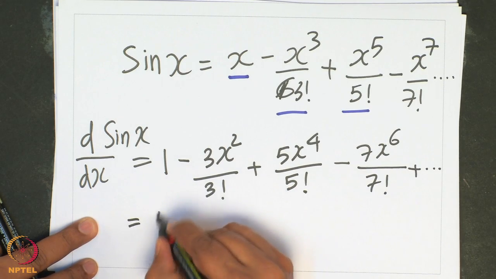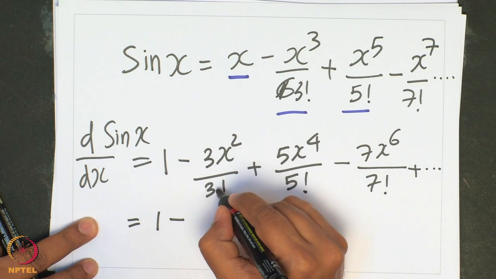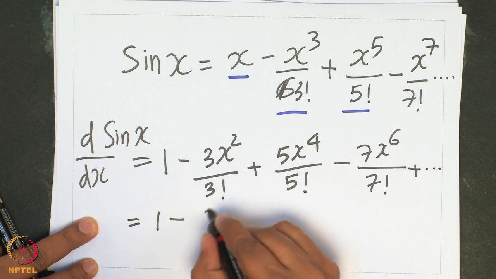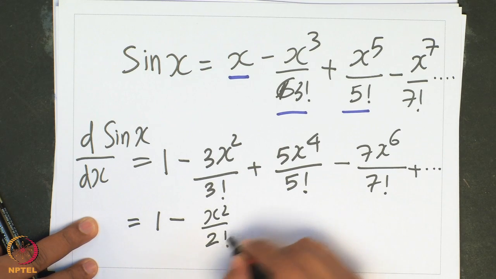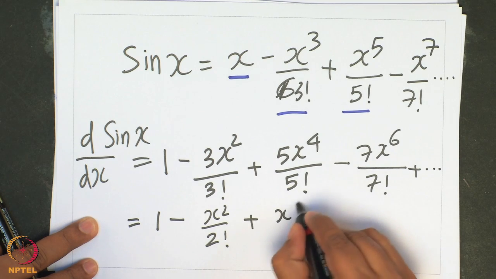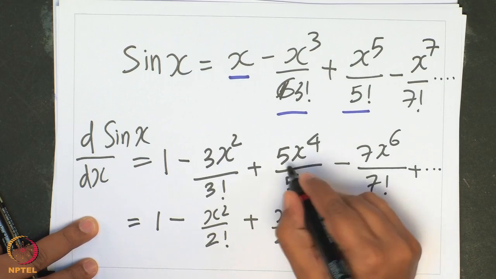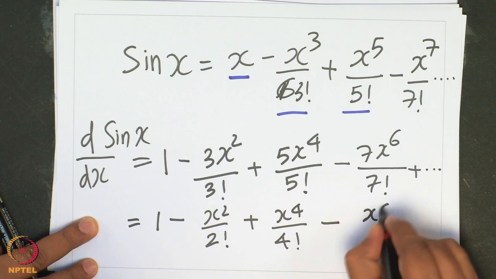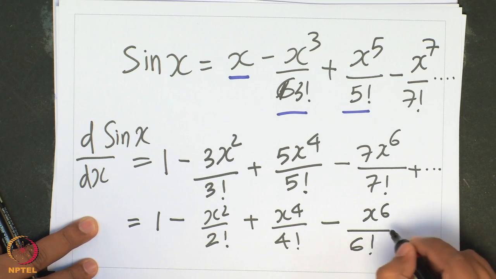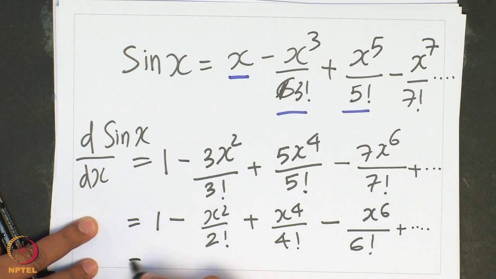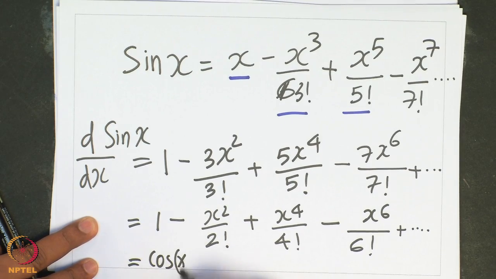Now, this is 1, minus 3 divided by 3 factorial, which is x square by 2 factorial, plus x power 4 by 4 factorial, since 5 divided by 5 factorial is 4 factorial, minus x power 6 by 6 factorial, plus dot dot dot, and this will turn out to be just the cos x expansion.